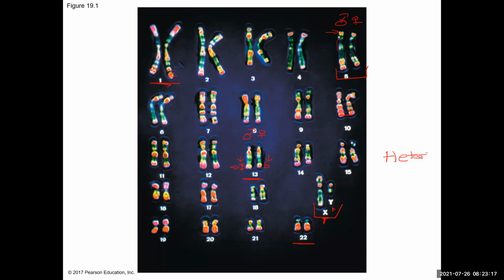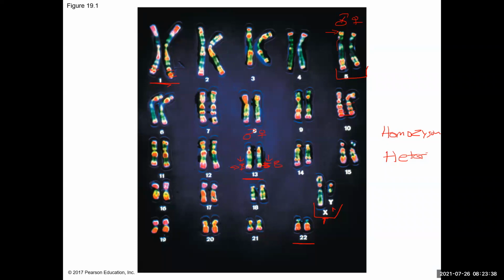Now, let's say they were both the brown allele. The father passed on the brown allele, the mother passed on the brown allele. Then they have the same allele, and so that's homozygous. The same is homozygous, different alleles are heterozygous.